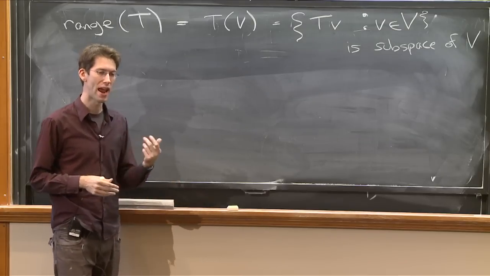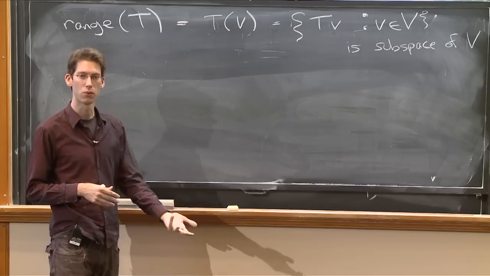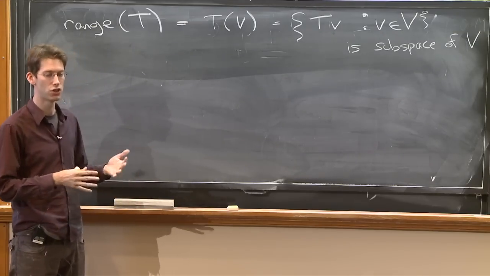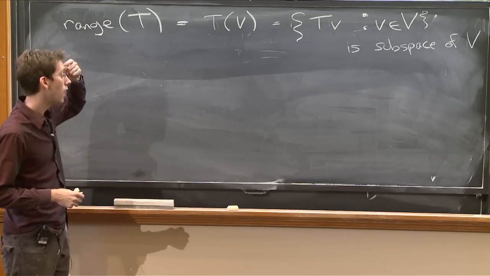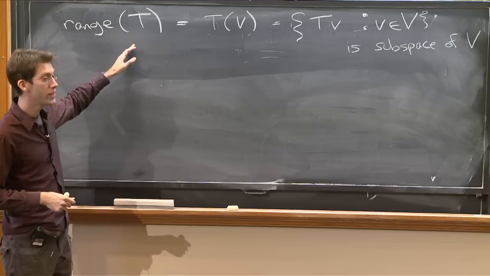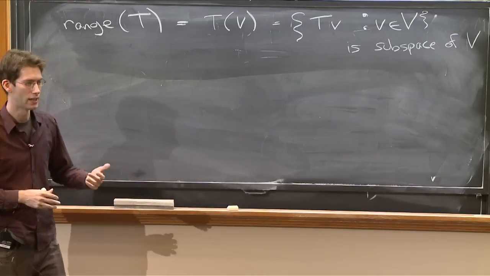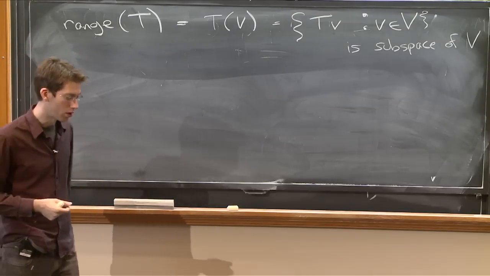So for anything in the range, we can multiply it by any scalar and again get something in the range. Similarly for addition, a similar argument shows that the range is closed under addition. So indeed, it's a linear subspace. And since it's a linear subspace, it always contains 0, and depending on the operator, may contain a lot more.